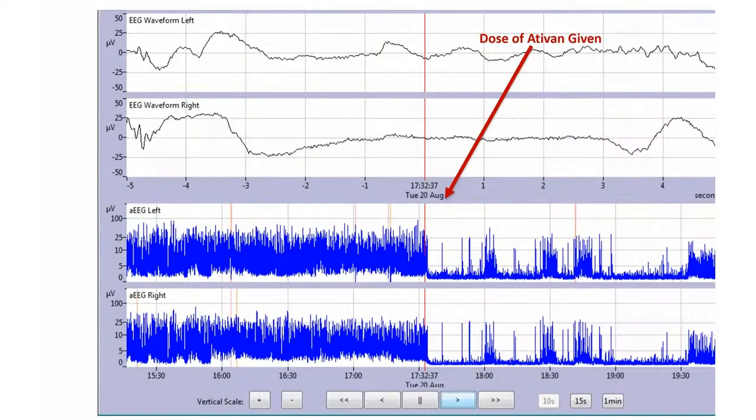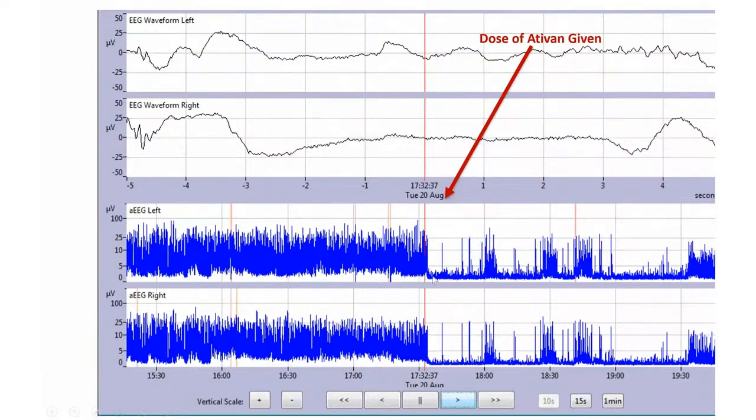And you can see this massive suppression. And I don't have all the slides in this presentation, but I have snapshots of the next 48 hours. This baby was in burst suppression for the next 48 hours. You can see the baseline though was really nice. There was all this variability and there was this really nice pattern for a 27-weeker.